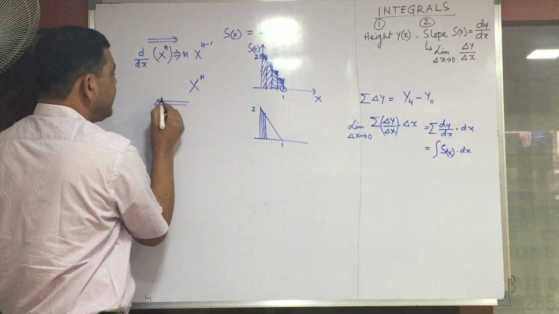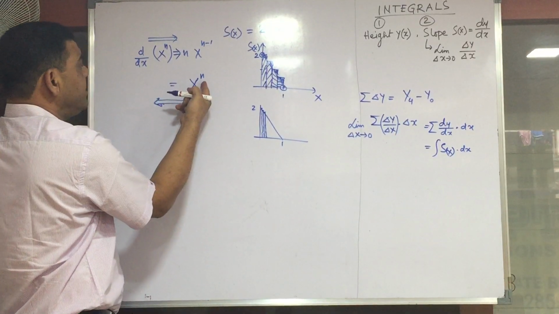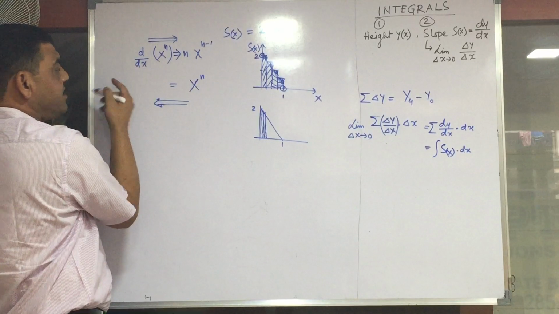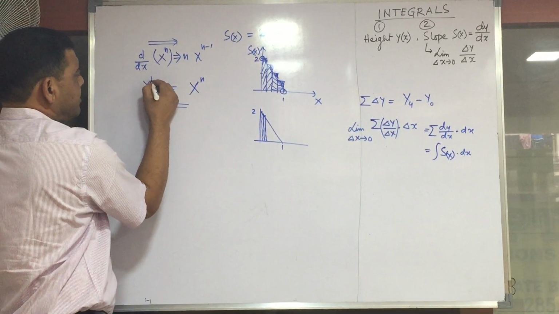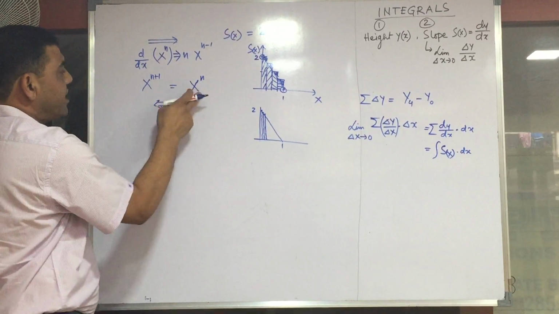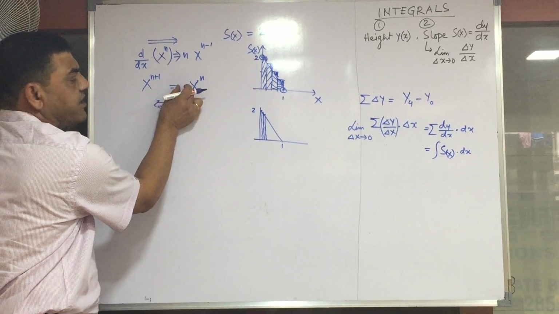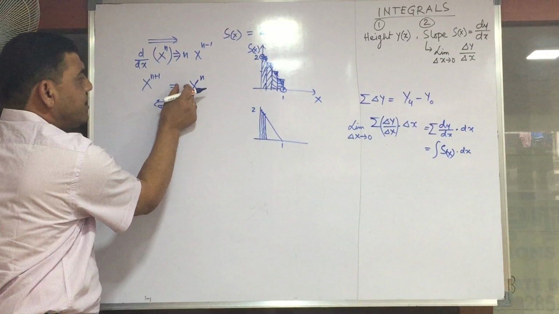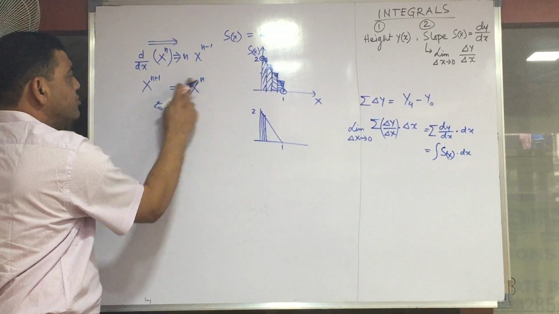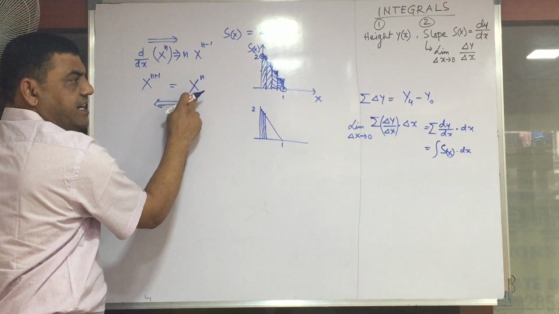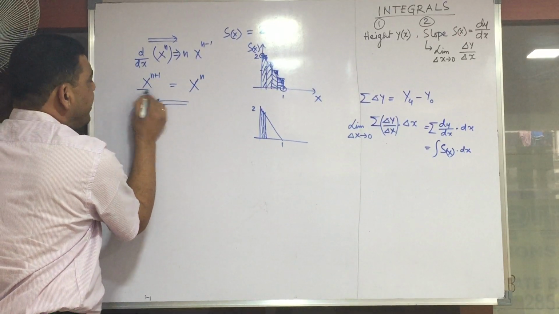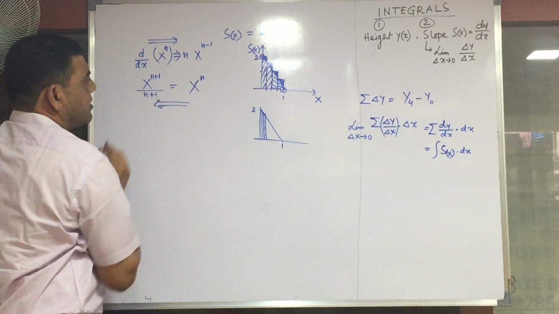We can see clearly that its power will increase by 1, so we get x to the power n plus 1. But the differentiation of x to the power n plus 1 will give another factor, n plus 1, and this will reduce to n. So to match with the right hand side, we have to divide this by n plus 1.